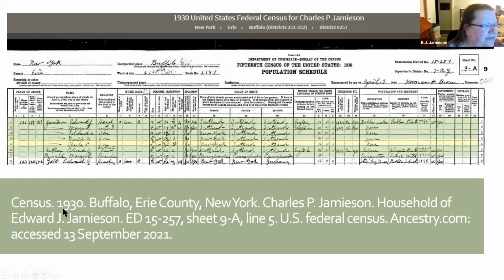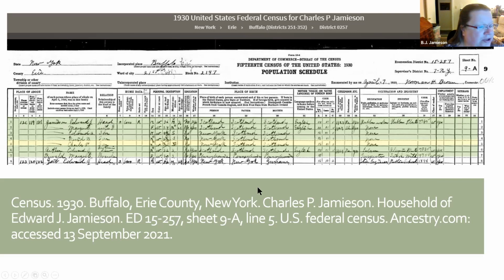So I put census, 1930, because that's the year. So this has already narrowed it down. Of all of the US federal censuses, we're only looking at 1930. We're not looking at 1920, not looking at 1940. Then we narrow it down more, down to just Buffalo and Erie County, New York.